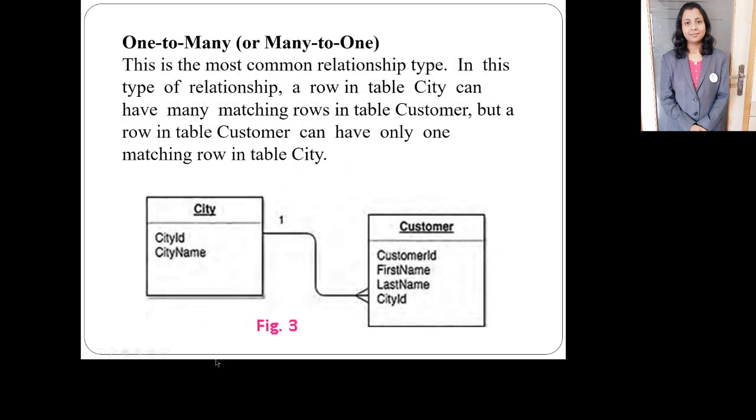So here you can see there is a one to many relationship. There are cities identified by city id and city name. Then there are many customers. So one city can have many customers, that is customer ids. So that is showing a one to many relationship.